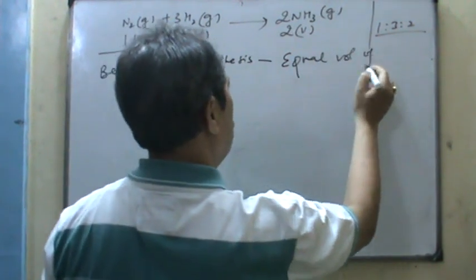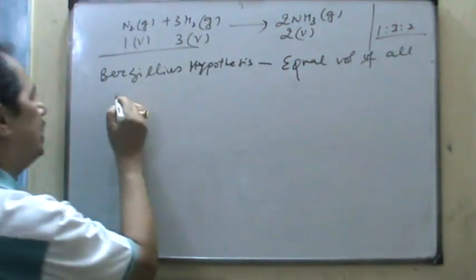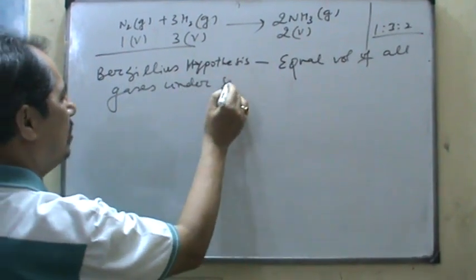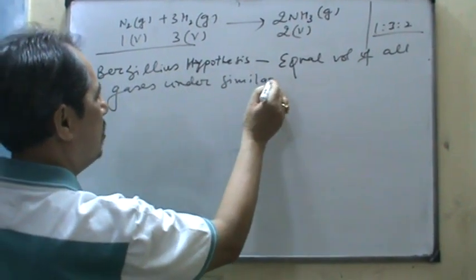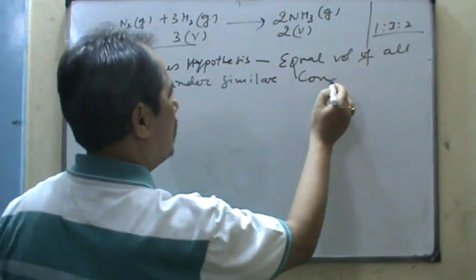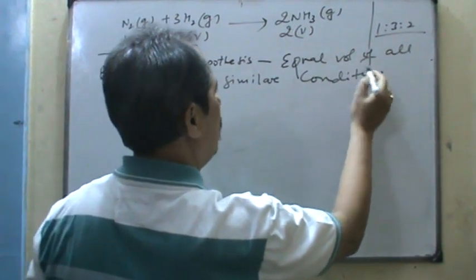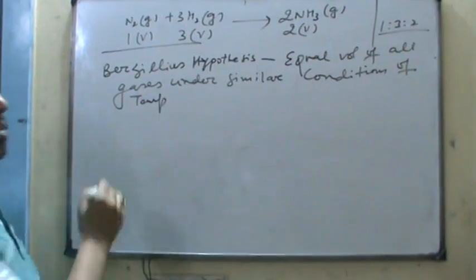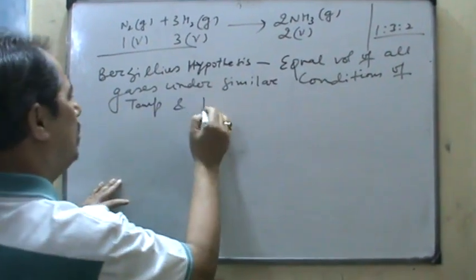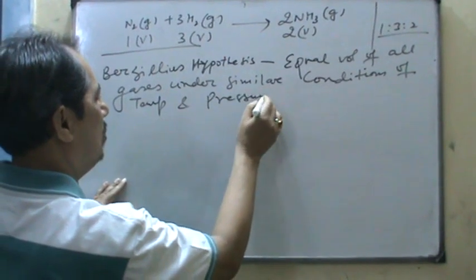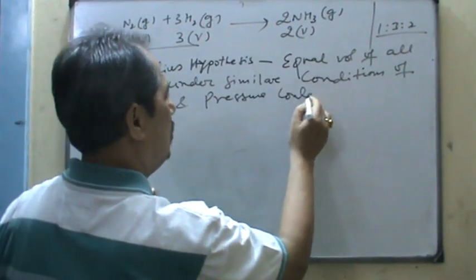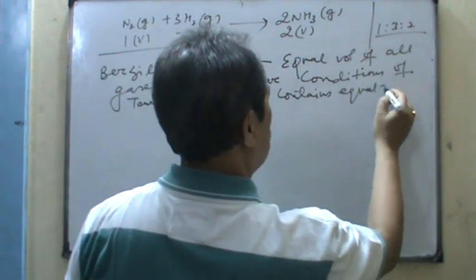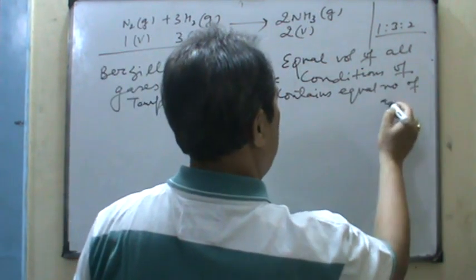Equal volumes of all gases under similar conditions of temperature and pressure contain an equal number of atoms.